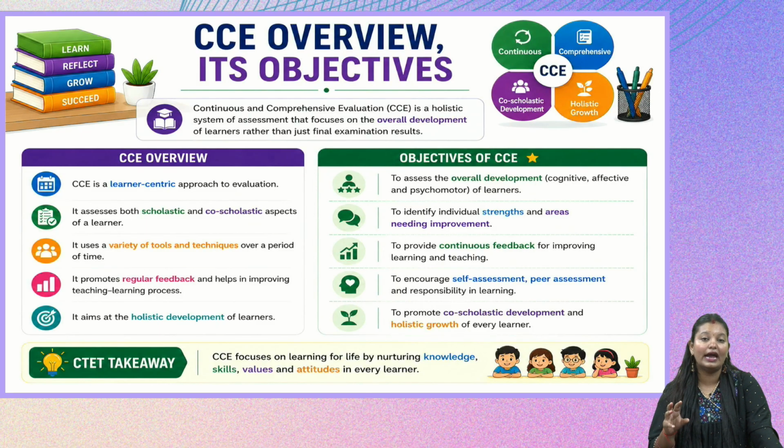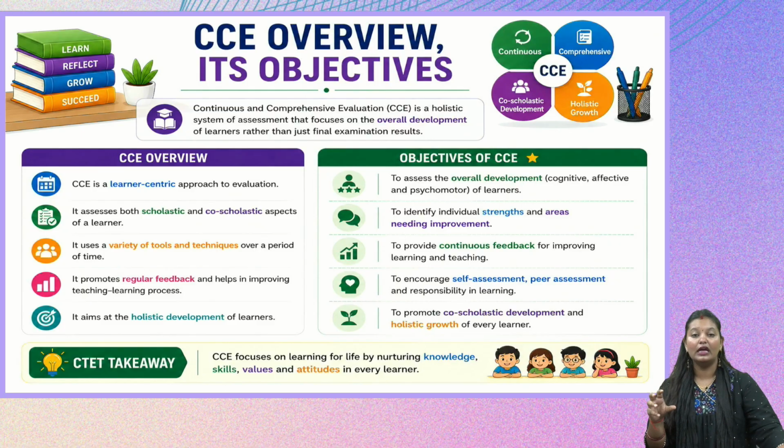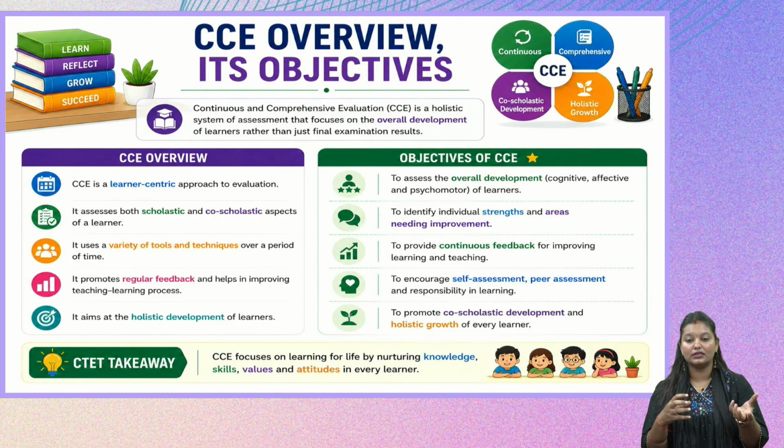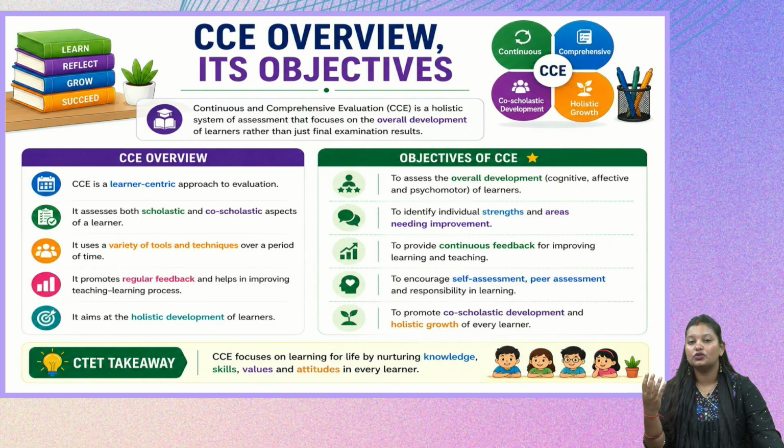It will also identify individual strengths and areas which need improvement. Because now we are not just addressing the cognitive aspect, we will try to see which other areas these learners are good in, and in which areas they are lacking. If we identify those areas, we can help them improve or learn better.